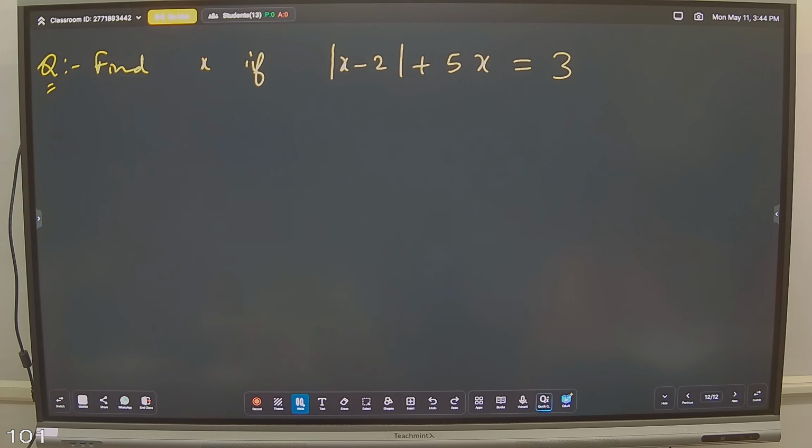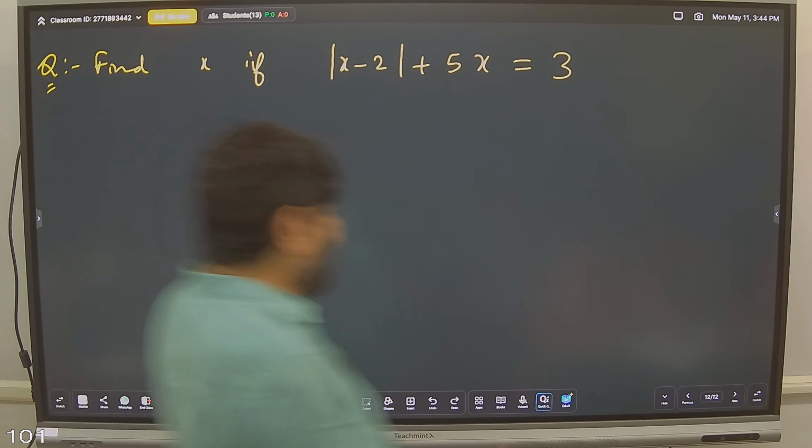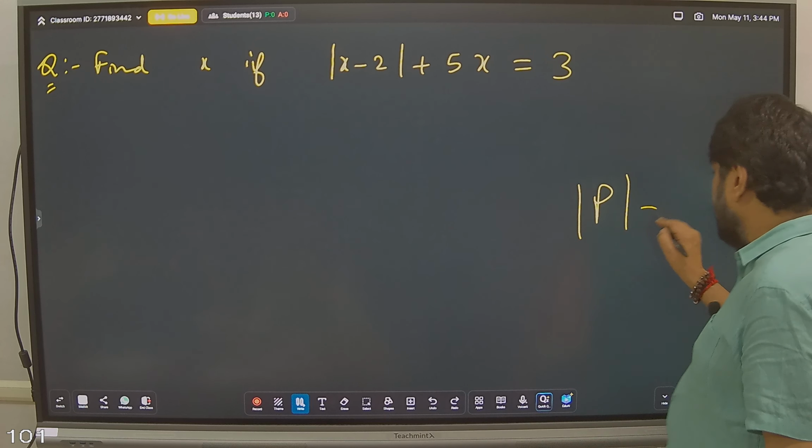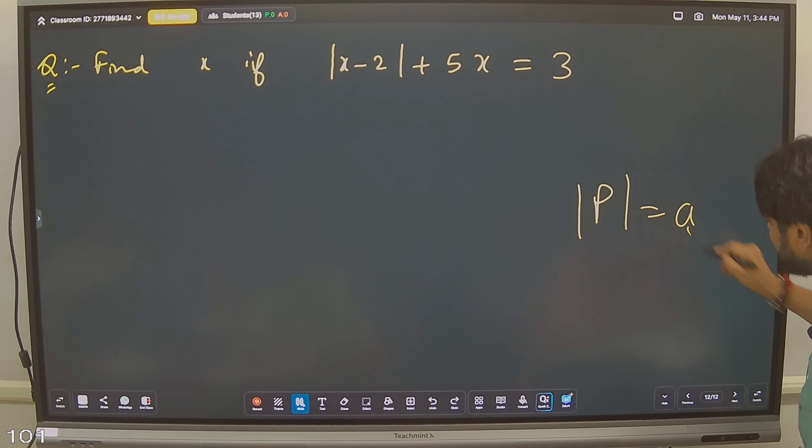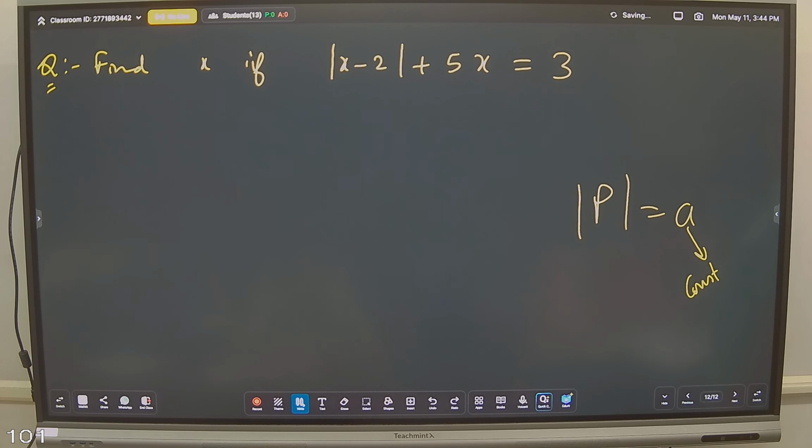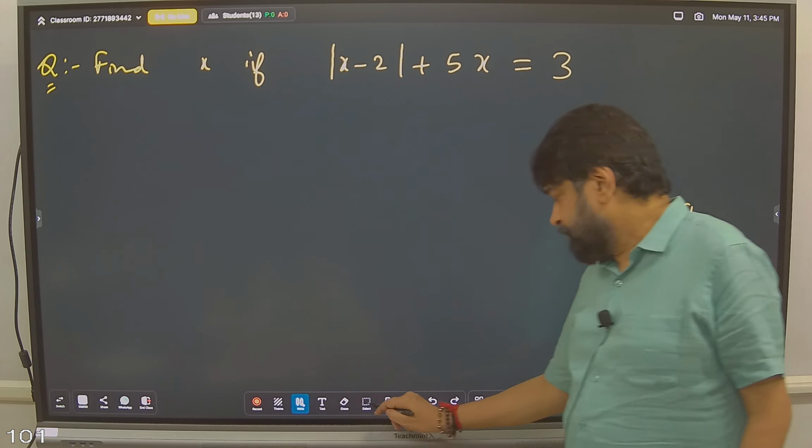If you do not know the basic method, you cannot solve this question. Impossible. Because that is valid only when mod p equals a form, where a should be a constant. Then we say p equals plus minus a. If you cannot apply this, the question is impossible to solve.